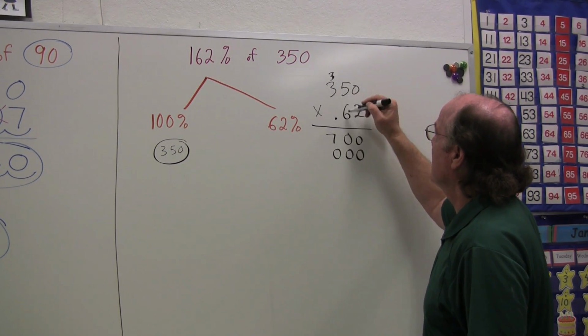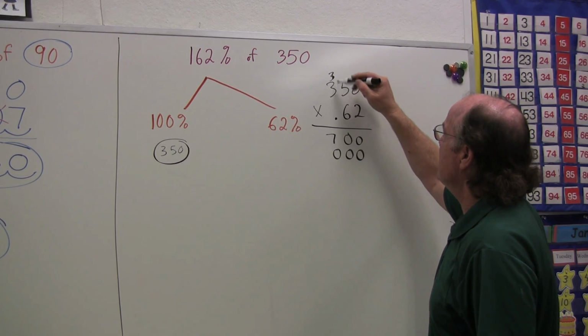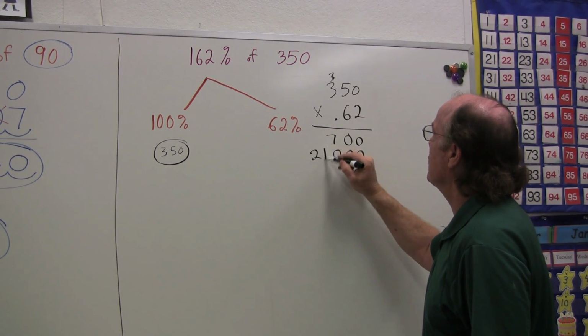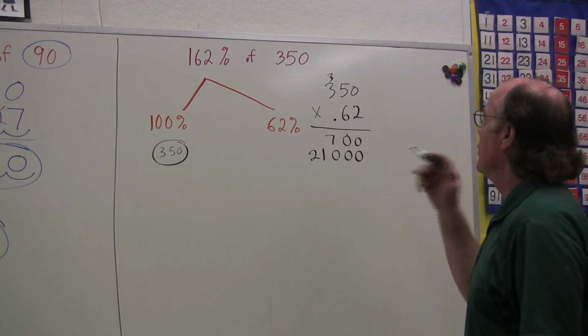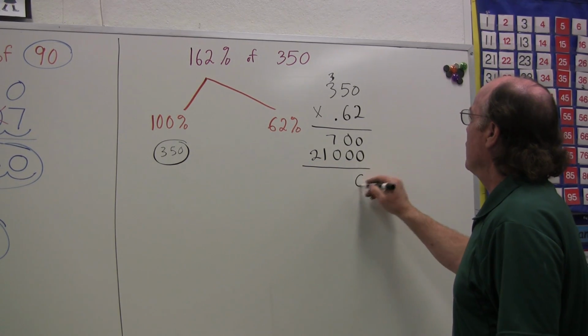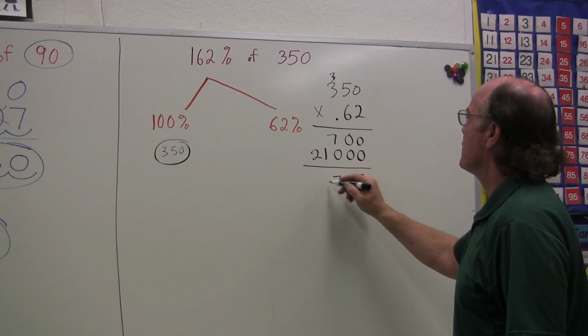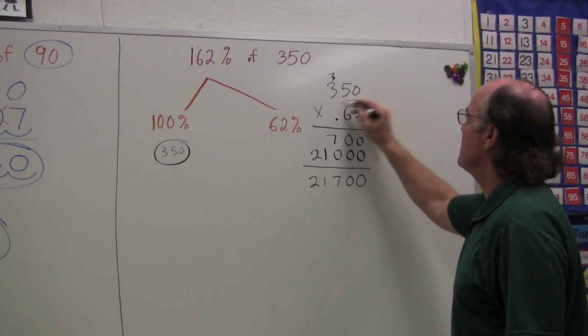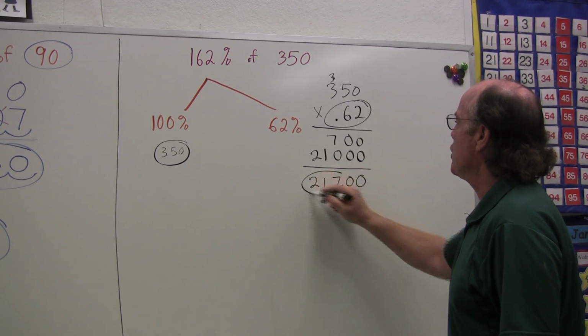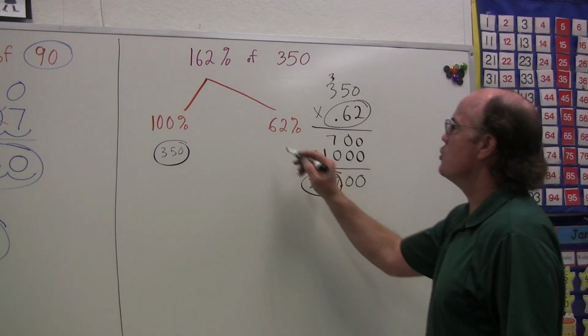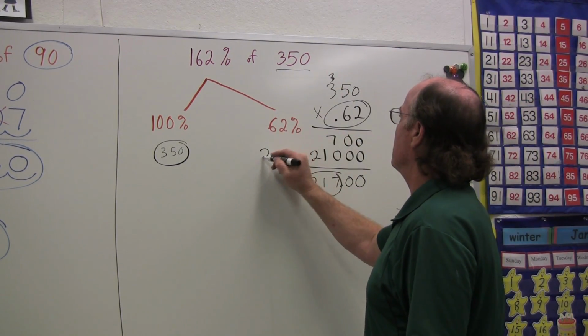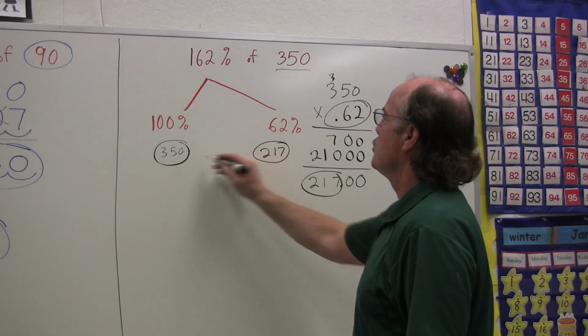Carry the 3. And we have 18, and 3 is 21. Okay? So, overall, 0, 0, 7, 217, 2 of those, bingo. Okay? So 62% of 350 is 217.